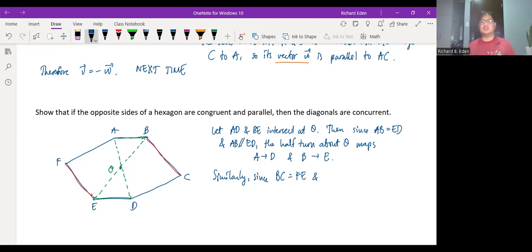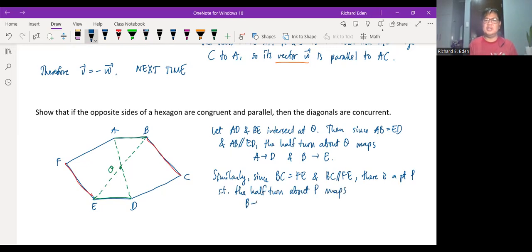Similarly, since BC equals FE and BC is parallel to FE, there is a point P such that the half turn about P maps B to E and C to F. Does this work for any even-sided polygon?